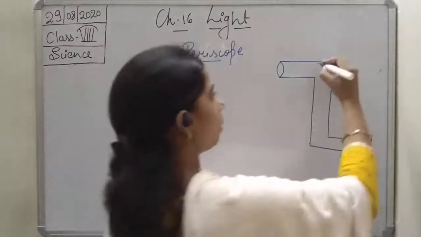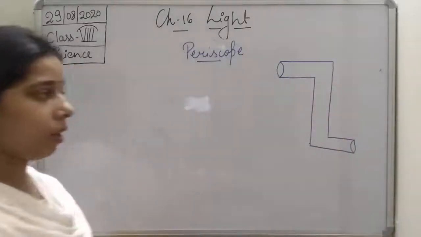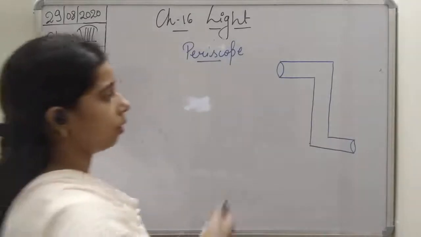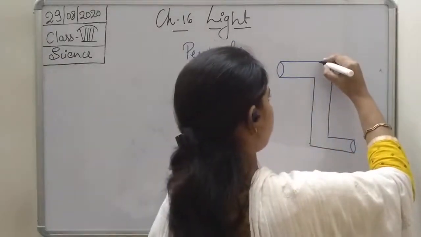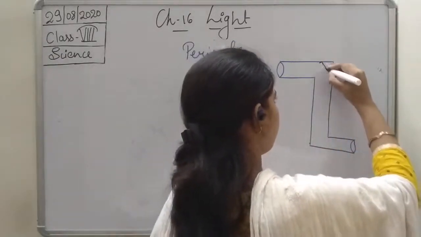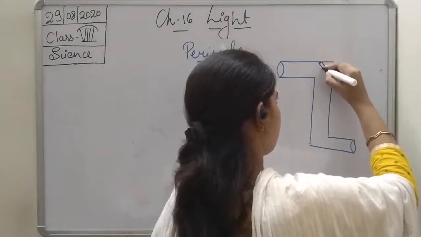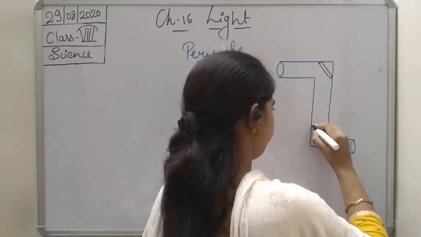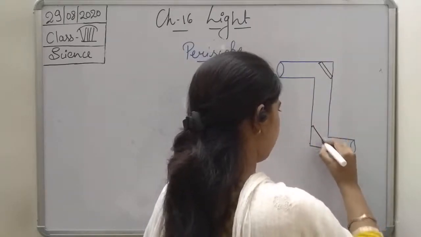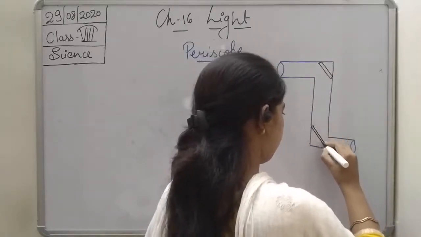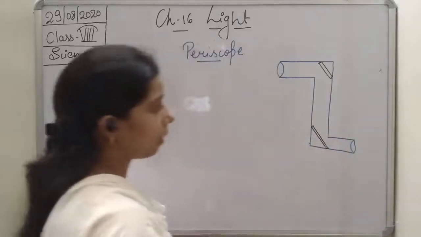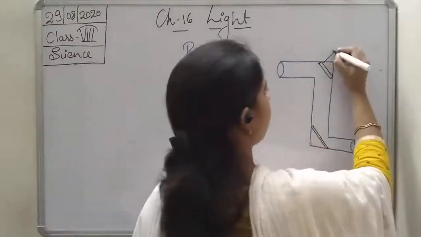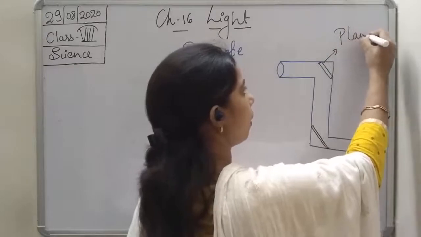Now you see here in this periscope there are two plane mirrors kept here. This is the wall. This is the plane mirror.